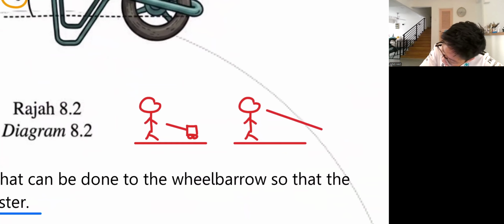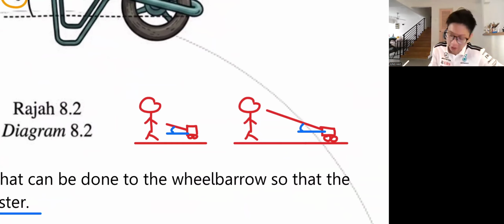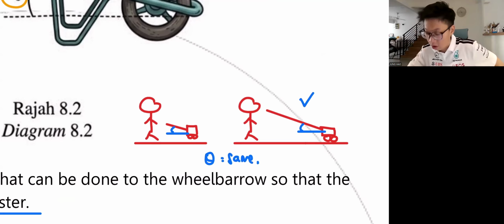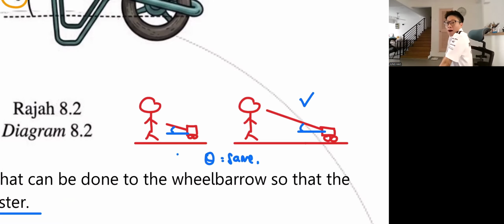Okay, guys, you see the angle is also the same one, the theta is the same. Check this out. The angle the same, theta is the same. Which one is better? Of course, the longer better lah. Longer. You see if you take the shorter one, means that your stick very low, so when you use the wheelbarrow, you have to bend very low.